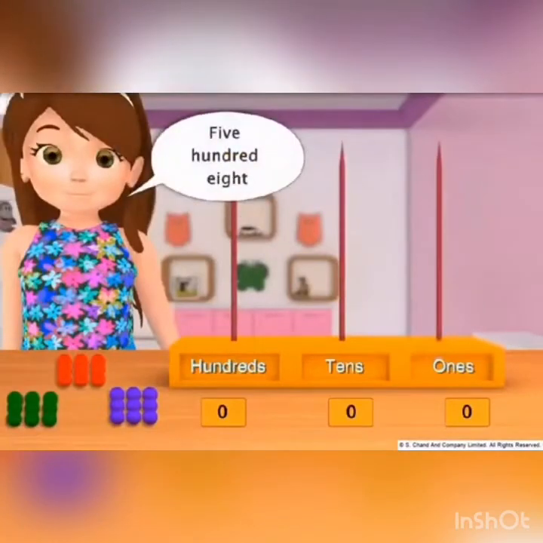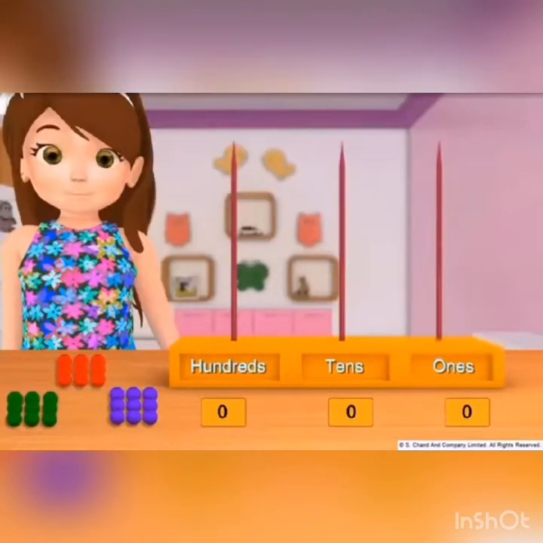This time, Sela has given us the number 508. 508 has 5 at the hundreds place, 0 at the tens place and 8 at the ones place.